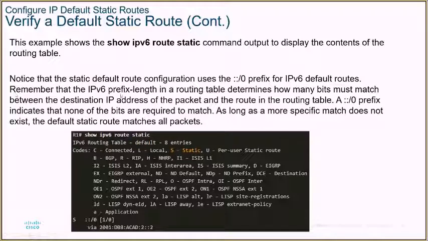Remember that the prefix length in the routing table determines how many bits must match between the destination IP address of the packet and the route in the routing table. That prefix indicates that none of the bits are required to match. As long as a more specific match does not exist, the default static route matches all packets. So again, the 0 length is the worst possible match, but it is a match.